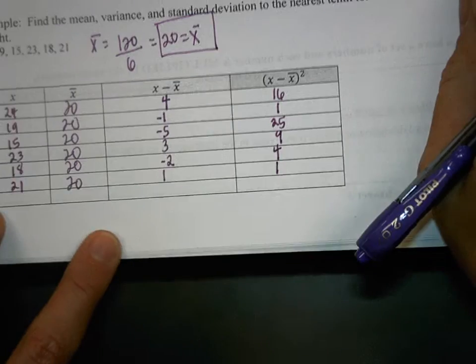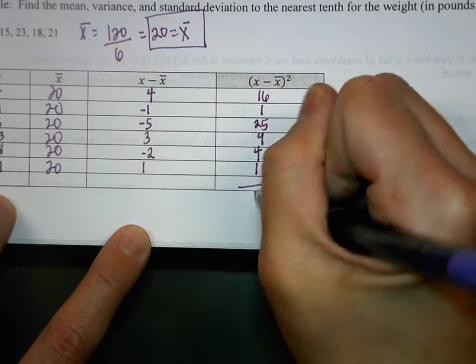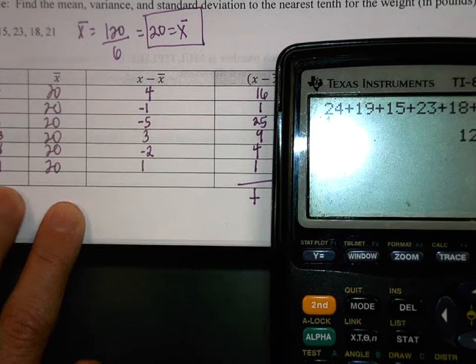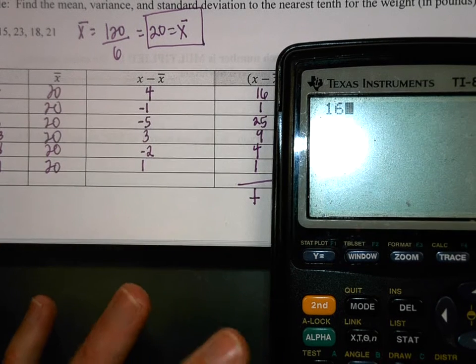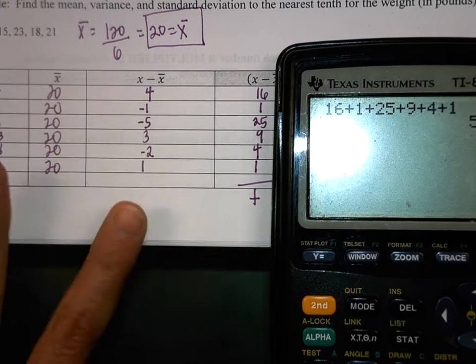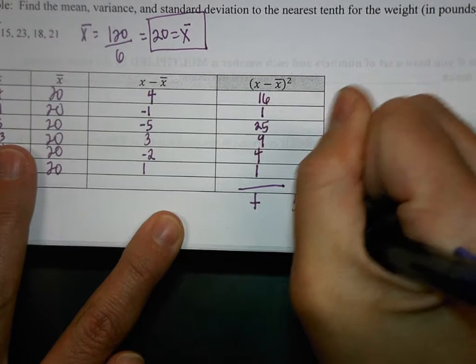Okay, who remembers what our next step is? Very good. We're going to take all those, add them all up together. So we'll get our calculator here again. 16 plus 1 plus 25 plus 9 plus 4 plus 1 equals 56. And we're going to take that and do what with it?